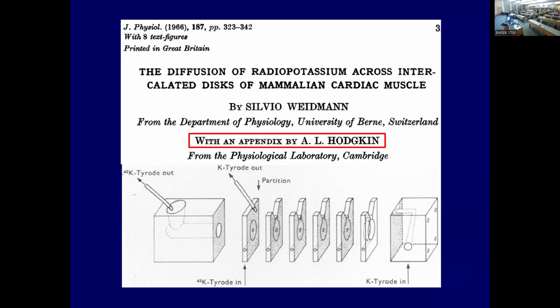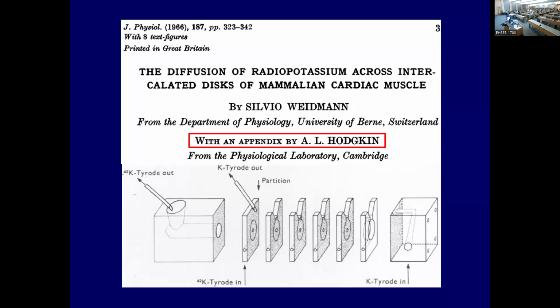So anyway, Weidmann devised the following experiment. He asked the same question: how does the action potential travel in this great system of cells? What he did was take cardiac tissue, divide it by partitions, and inject from one end a solution of radioactively labeled potassium.